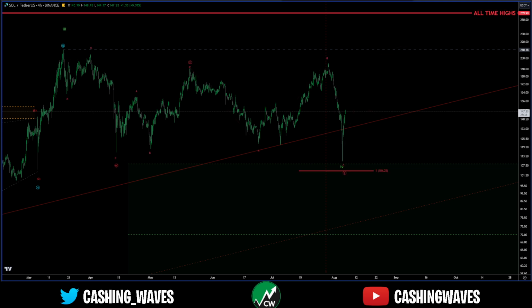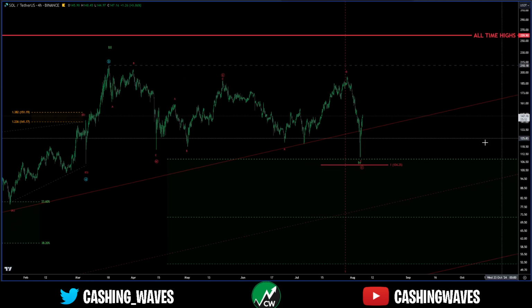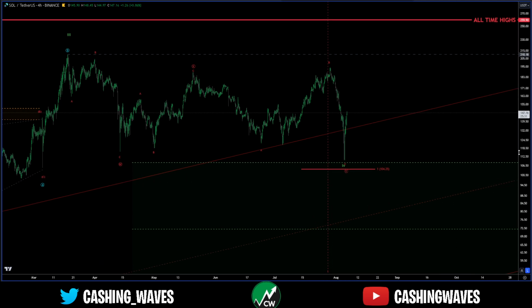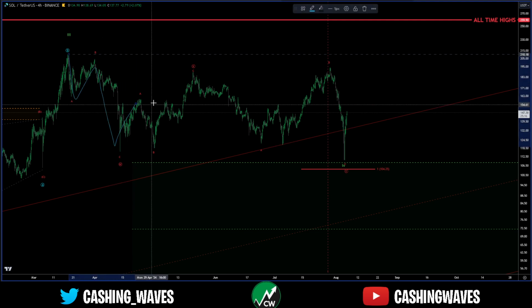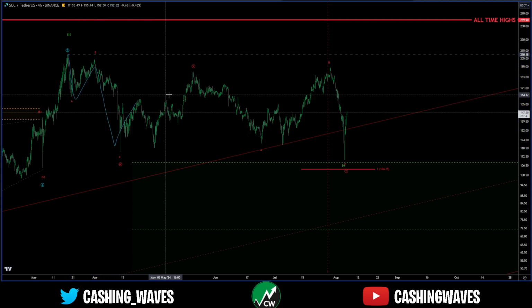First, I'm going to show you how we can be complete. After re-looking at this, this is pretty much the only way we can be complete as of this low right here, this last pivot, and that is if we have an ABC for a W. This is actually labeled incorrectly, sorry. This is an X wave as a WXY.